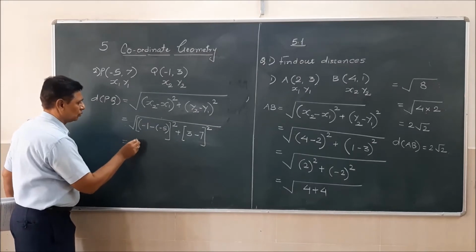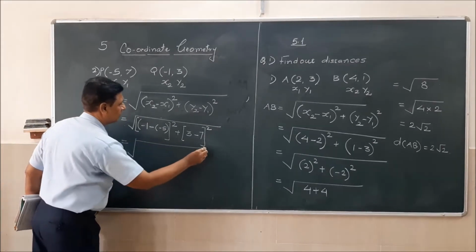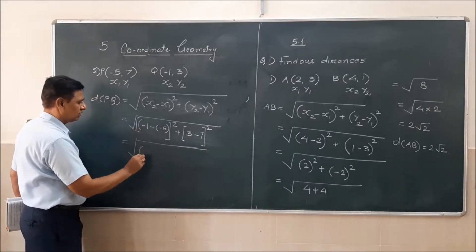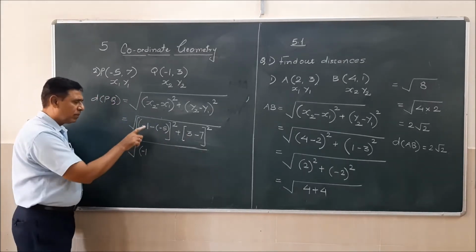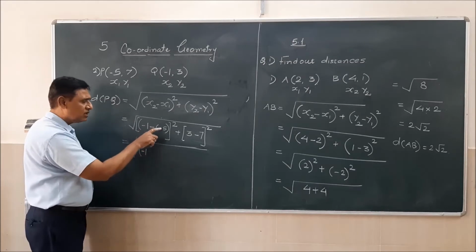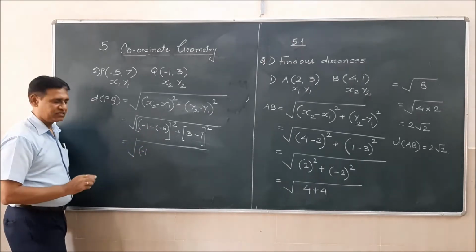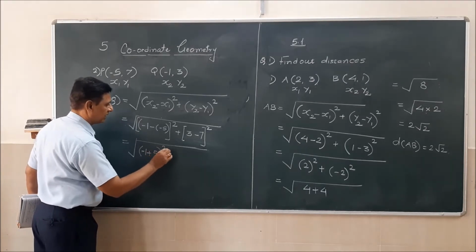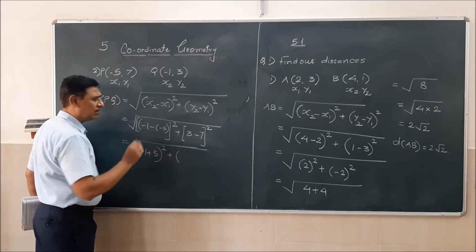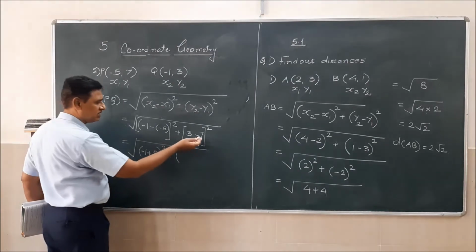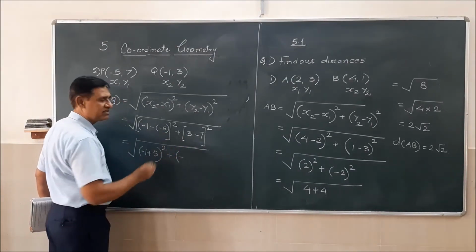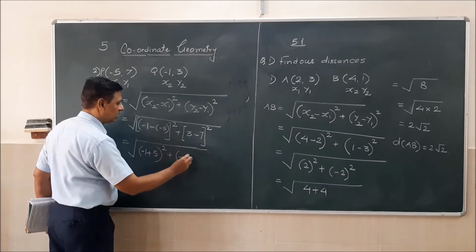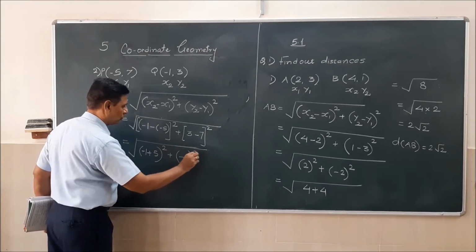That is equal to minus 1 as it is, but minus into minus will become plus. So you will find here plus 5 the whole square plus, again you will find 7 is greater, so the sign of 7 is minus. So minus 7 plus 3 is minus 4.